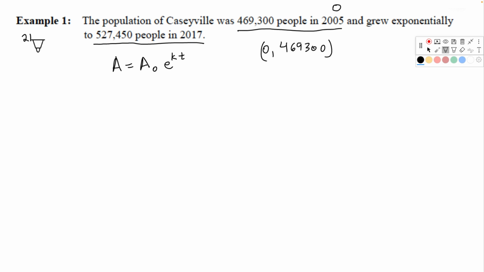Well, you take 2017 and subtract 2005. So as far as years since 2005, this is going to be 12. 5 from 7 is 2. So that would be year 12. So these are the two points we have.